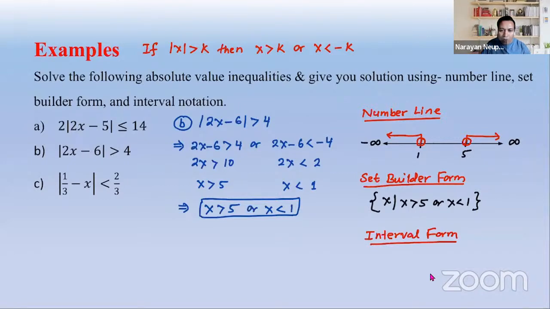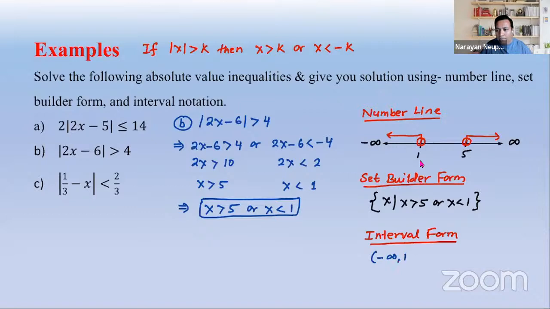So in interval form, we write the interval using this number line here. Wherever the x is true, that is the interval. So the first interval, you can see we have the x values from -infinity up to 1. And here you can see at -infinity or positive infinity, we always use parenthesis.